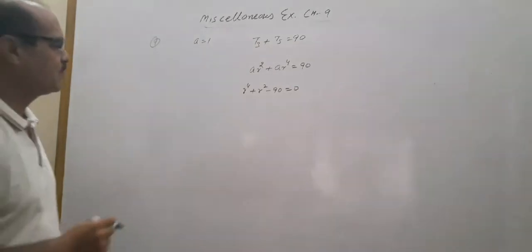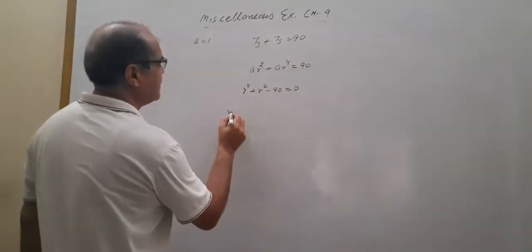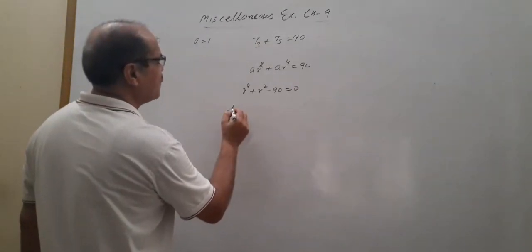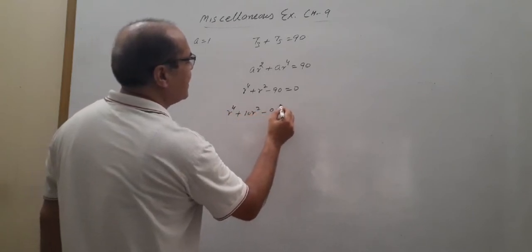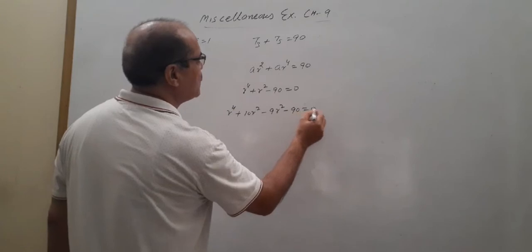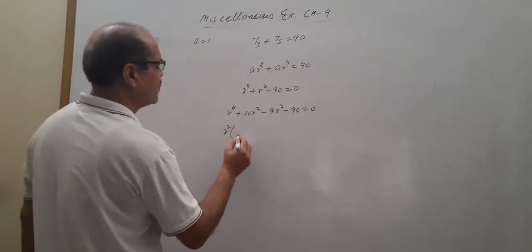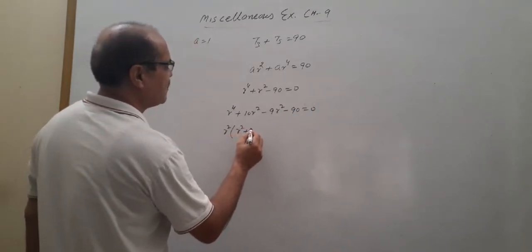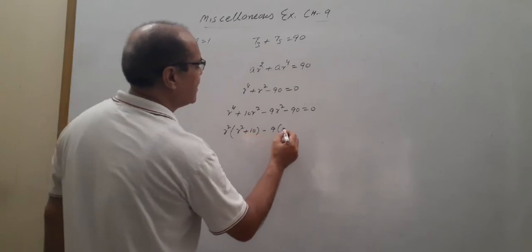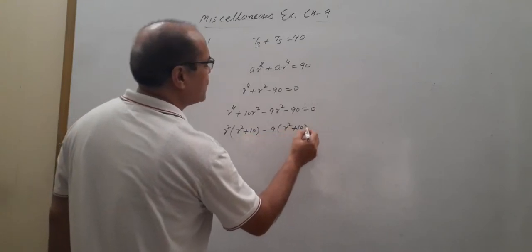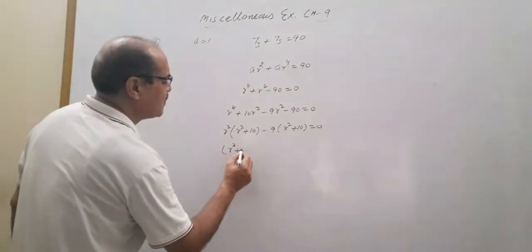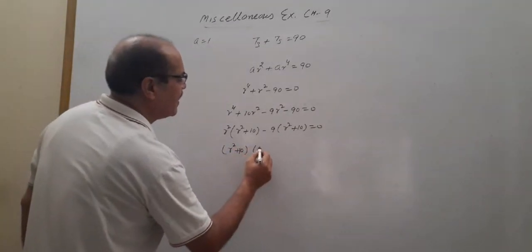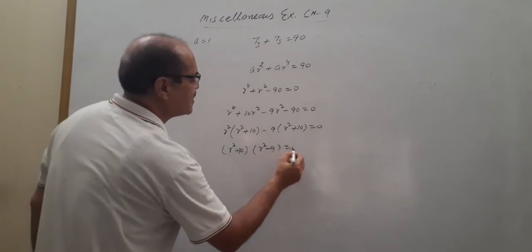You have to solve it for r to get the value of r. This can be written as r power 4 plus 10 r square and minus 9 r square minus 90 is equal to 0. By taking r square common, this becomes r square plus 10, and minus 9 taken outside, that is r square plus 10 is equal to 0, or the factors of this become r square plus 10 and r square minus 9 is equal to 0.